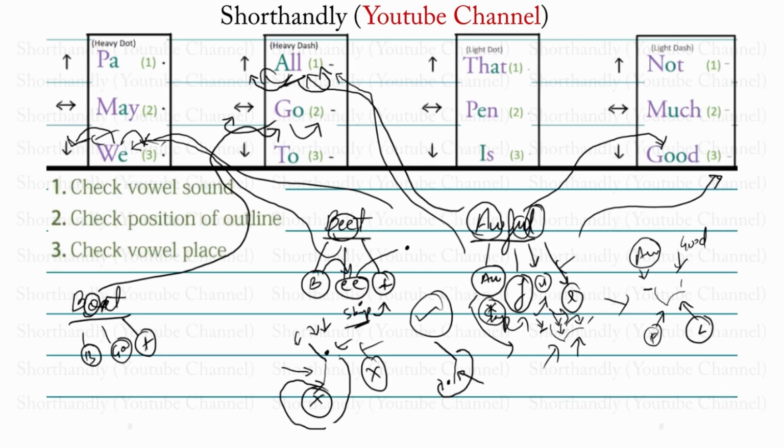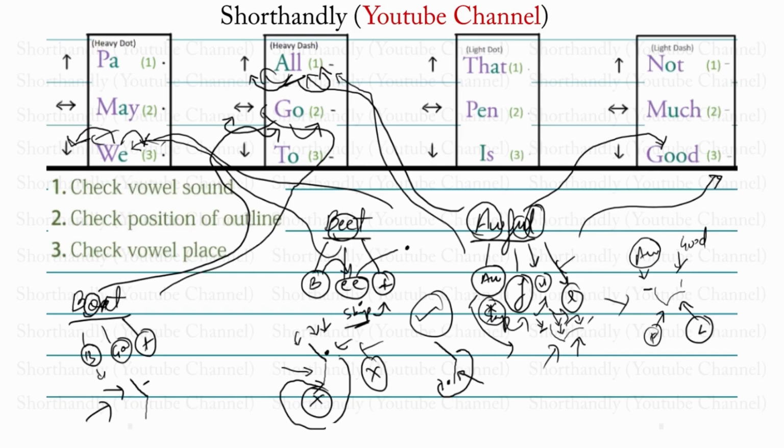So let's now make this. We're going to make this B stroke, which is a dark stroke, on the line like this, and then attach the T like this, and then put the vowel on the second place, which is a dark stroke like this. Let's see this again. First we made this B outline on the line, because here you can see it says on the line by this symbol.